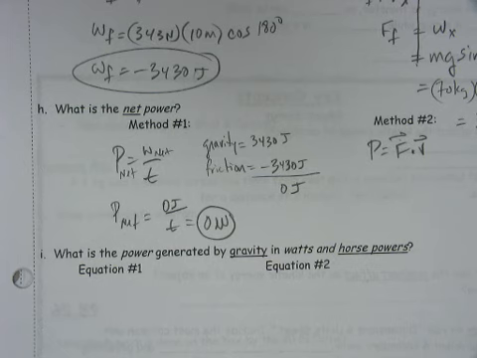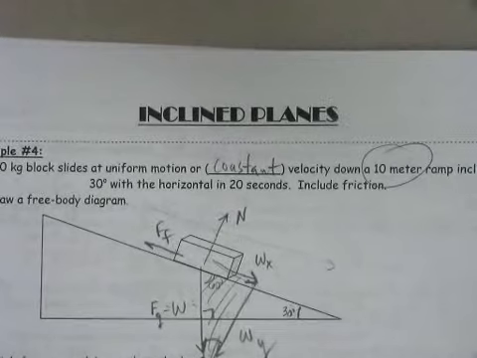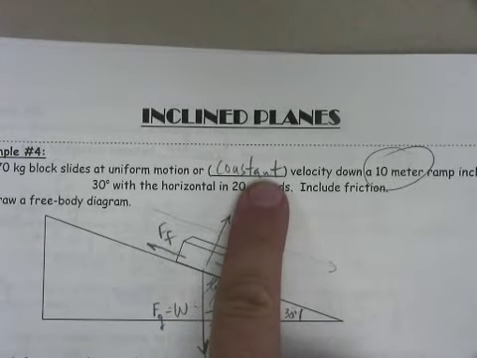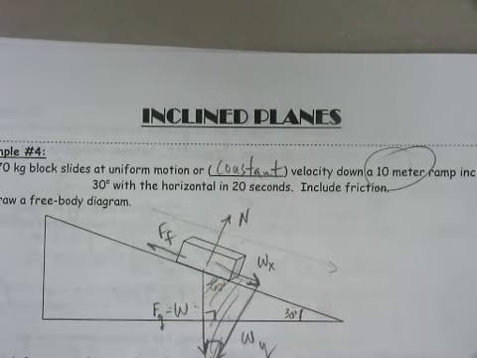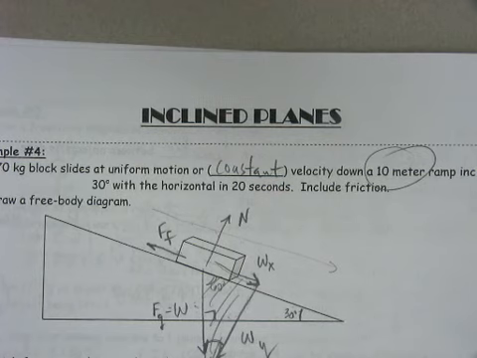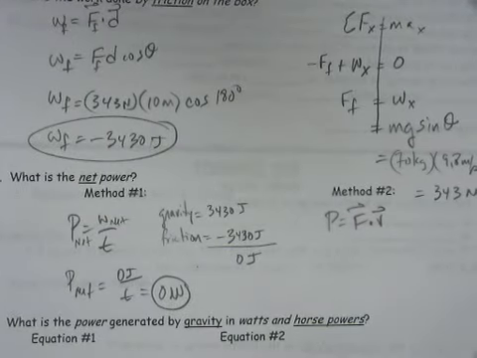So if 3,430 joules are causing it to speed up and 3,430 joules are causing it to slow down, then that means the object is moving at a constant speed. And if we look back here to the original question, right there, constant velocity. So it does make sense that this is moving at a constant velocity because we have equal amounts of energy entering the system and exiting the system. So it should be 0 watts there.